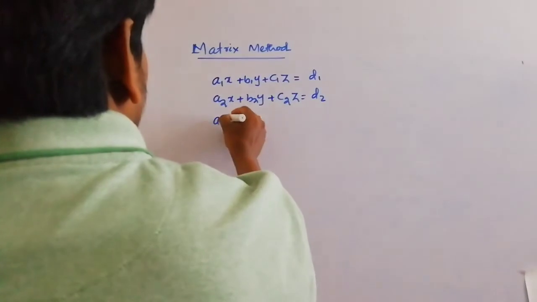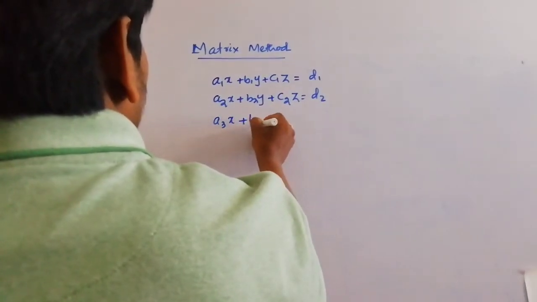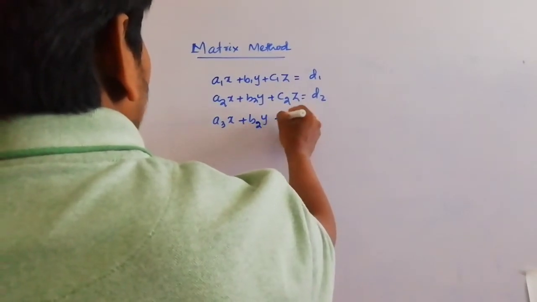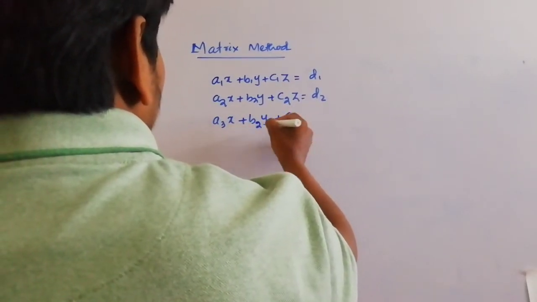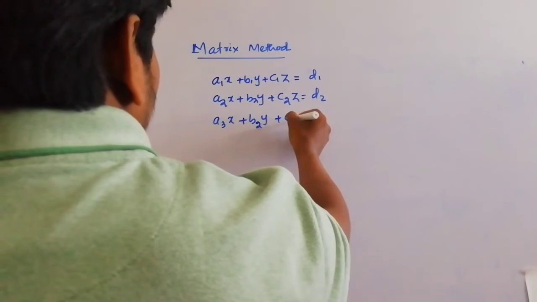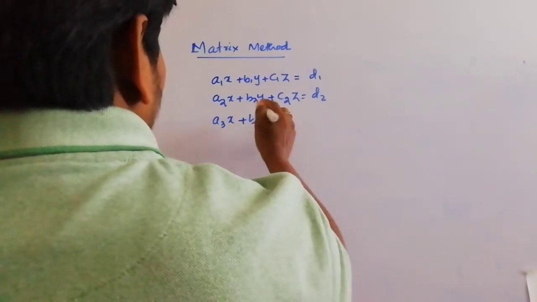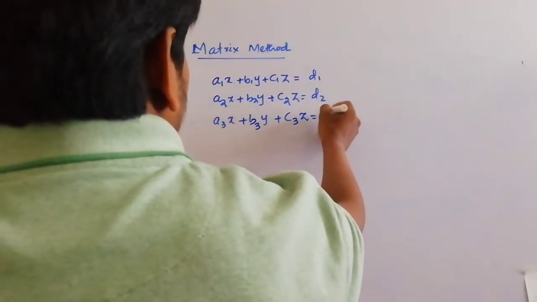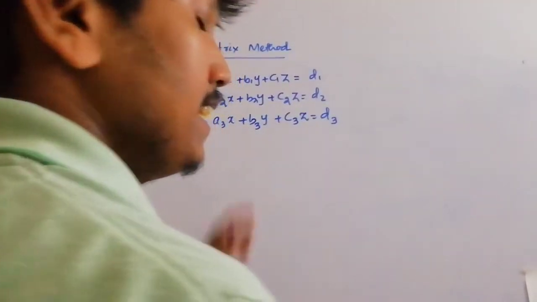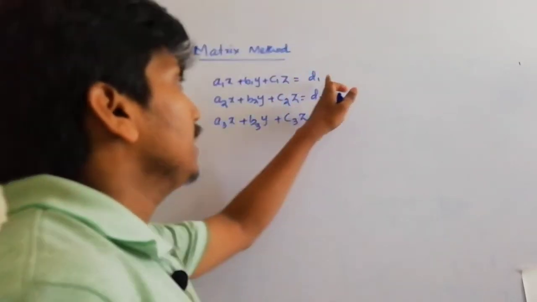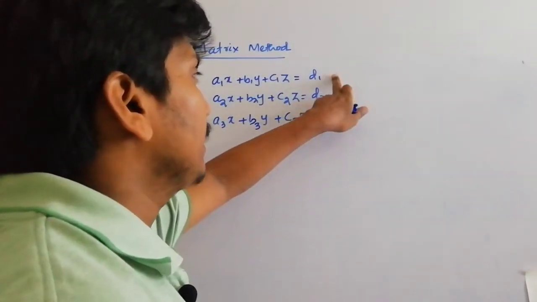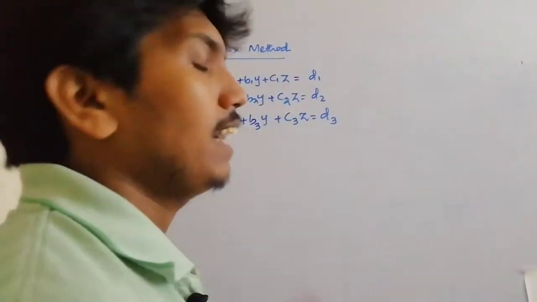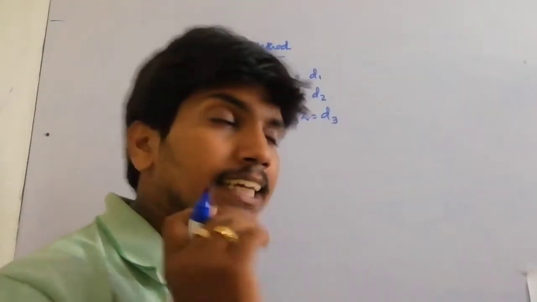Then a3x plus b3y plus c3z is equal to d3. These are the three linear equations having three unknowns, that are x, y and z.